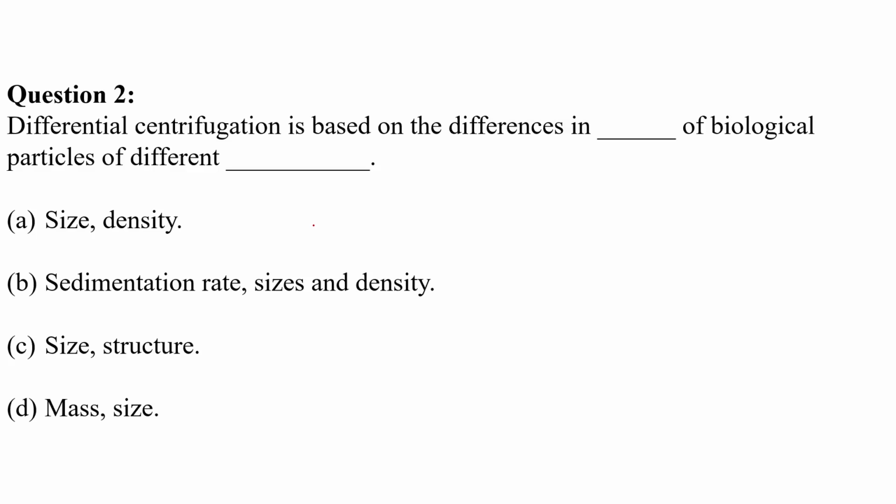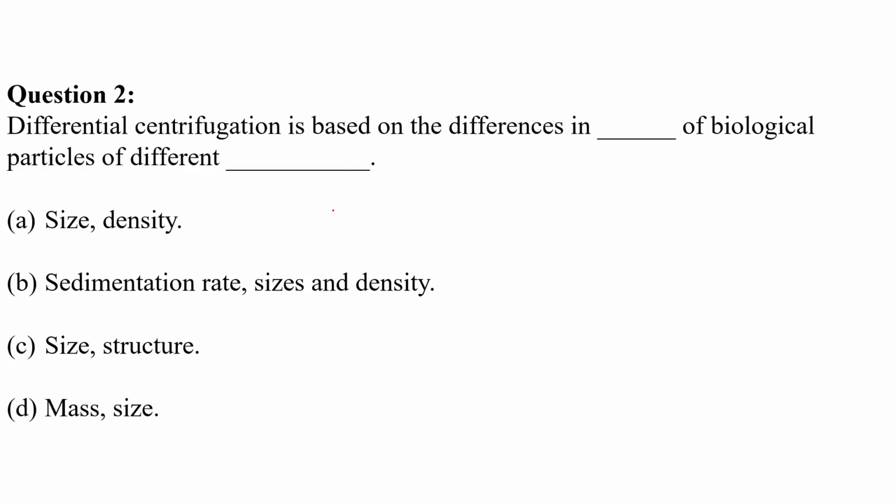Moving on to the next question now, question number 2. Differential centrifugation is based on differences in dash of biological particles of different dash. So you have to fill in the blanks.